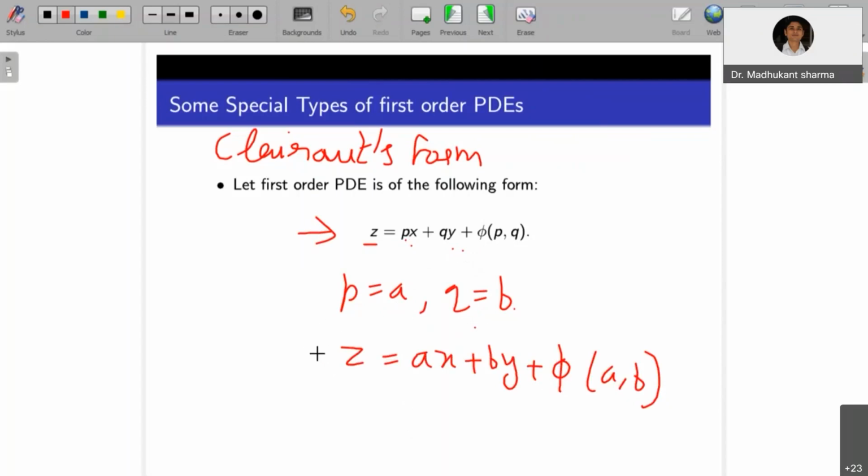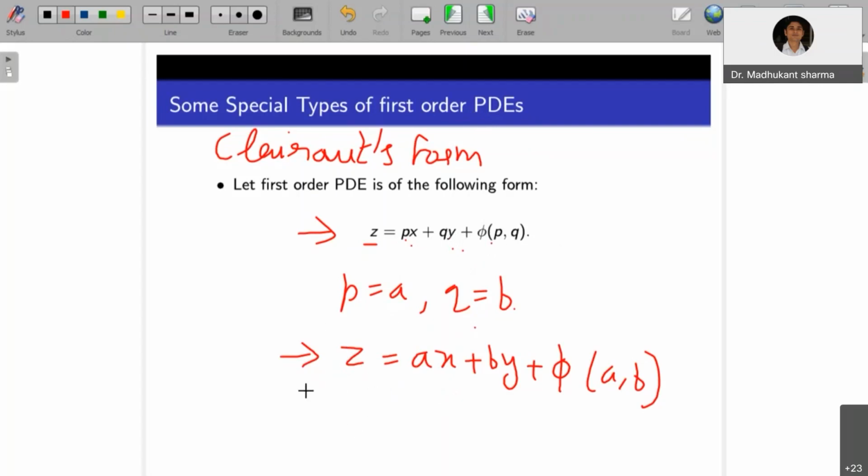It is always a challenge, but there are various types of PDEs which can be reduced to this form by using some transformation techniques. These are very simple to target. When you have it in this form, the solution will be in this form.